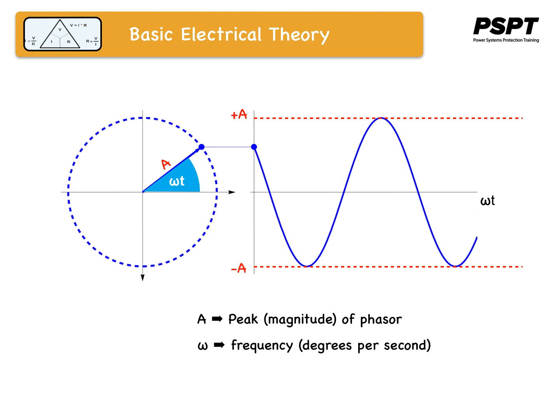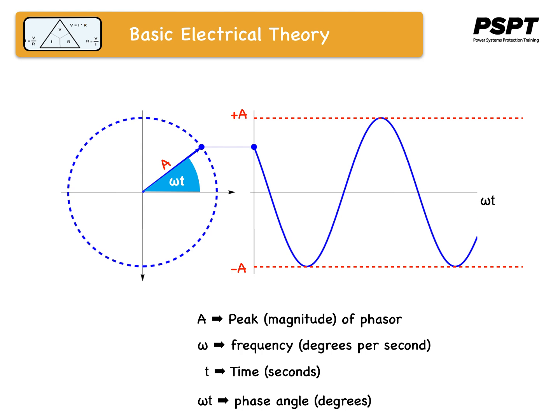Omega is the frequency of the oscillation, whether it's in the time domain or it's a phasor, how fast the phasor is rotating. In this particular case, we're calling it degrees per second. It could be radians per second, but in this example, we're going to just say it's degrees per second. t is time, and it's in seconds.